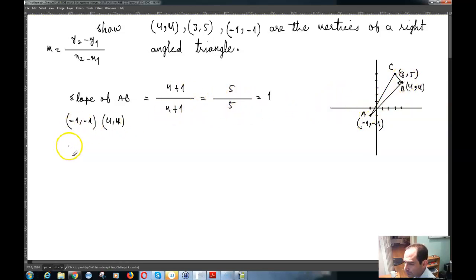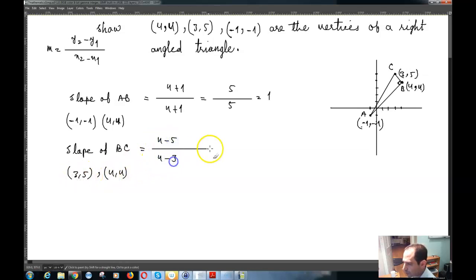Now, the slope of this line BC: you have the points 3, 5 and 4, 4. Putting that in this formula, you get 4 minus 5 over 4 minus 3, which is -1 over 1, so that's equal to -1.